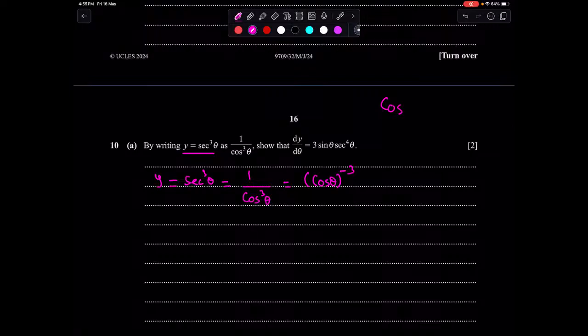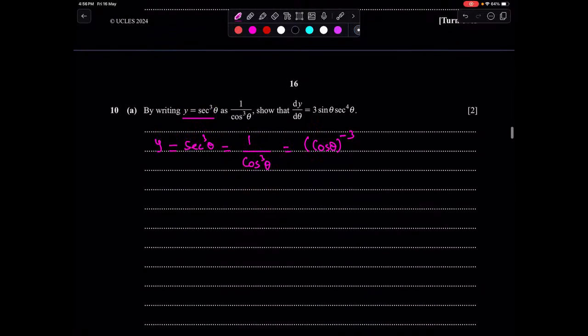Remember, cos cube theta can be written as cos theta whole power 3. Now differentiate this. So dy upon d theta.